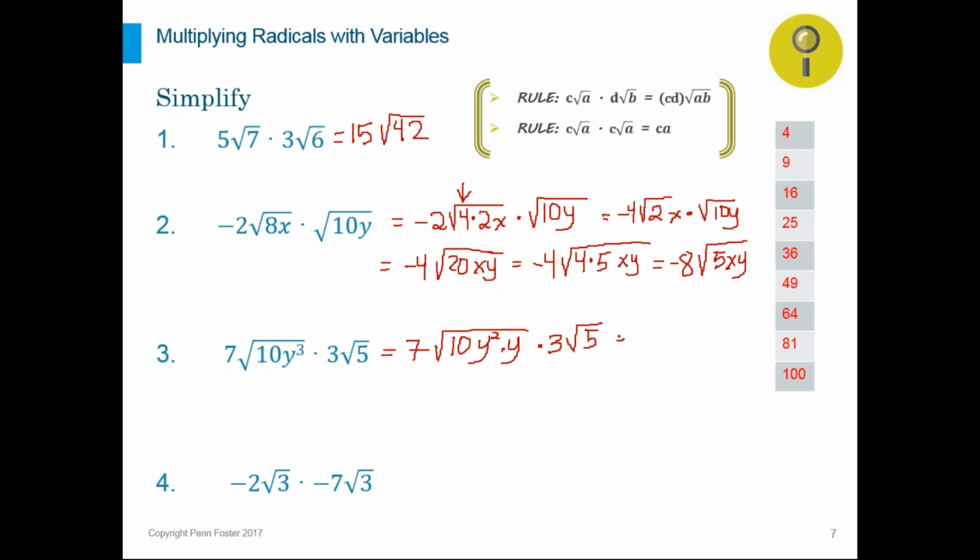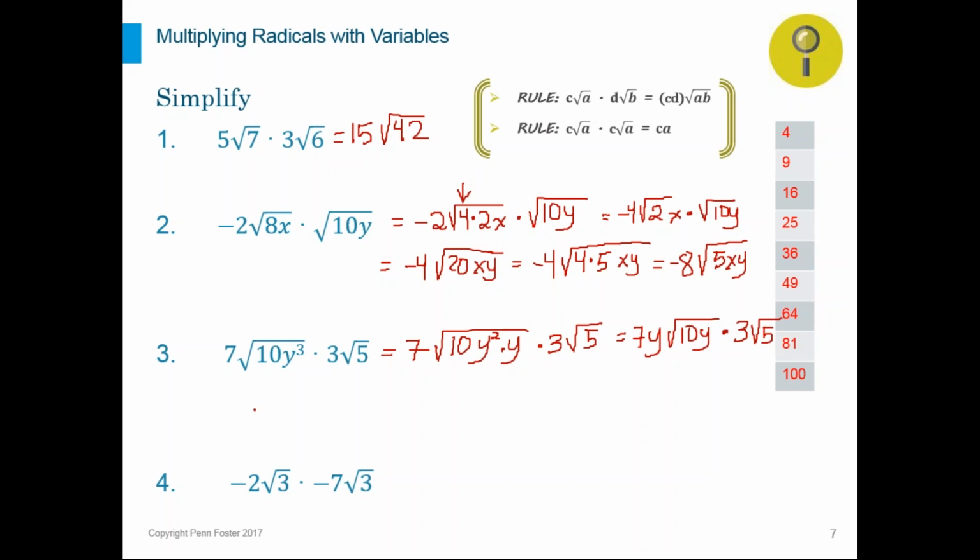So let's take the square root of y squared, which is going to be y, and y has to go outside. So 7y, and then 10, because that's here, not a perfect square factor or number, and y also will stay inside. I'm still multiplying times 3 times the square root of 5.